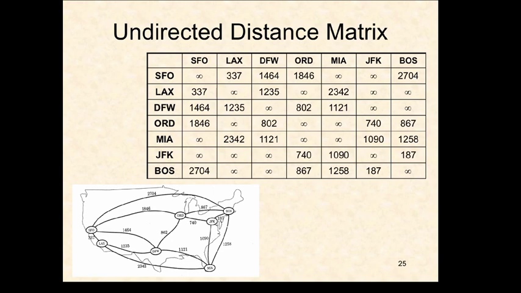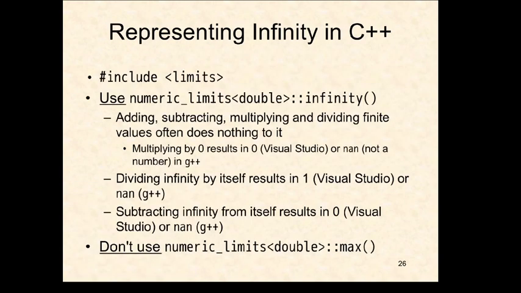So when we do it in code, what we're going to do is include the library called limits. When we include limits, we get something called numeric_limits, which is templated, and then numeric_limits<type>::infinity() is a representation of infinity. Now, not every type has infinity.